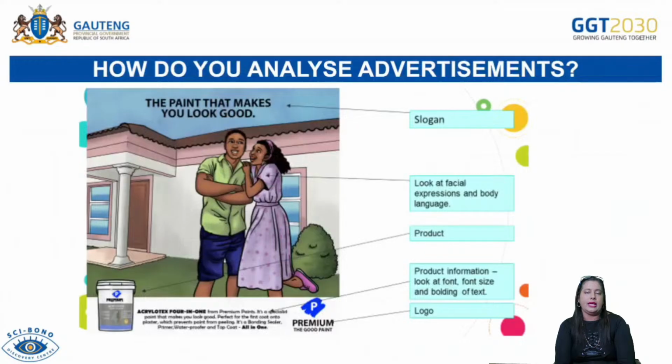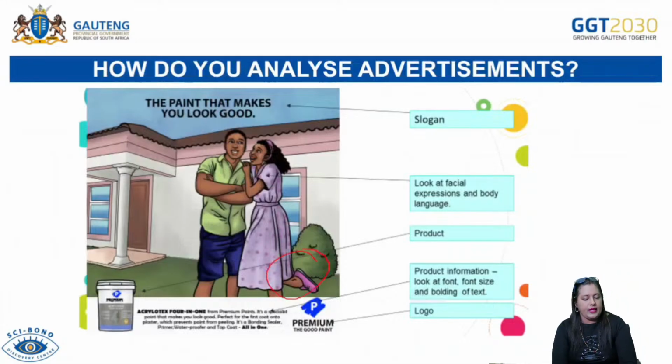Now, when you have an advertisement in front of you, how do you analyze it, grade 12s? Firstly, let's look at this advert. The paint that makes you look good, and here's a nice house that has been painted, and the newly married couple, let's say, standing outside there, look, she's very much doting over her boyfriend or her husband here, that is shown by the foot in the air.